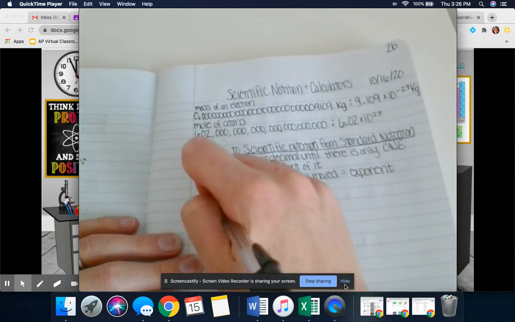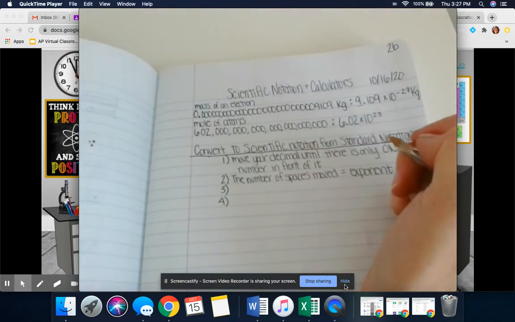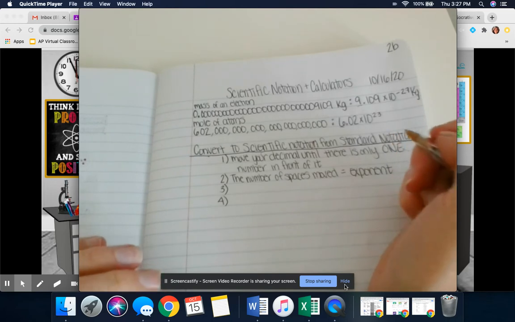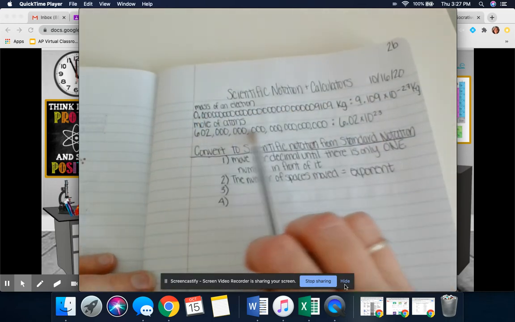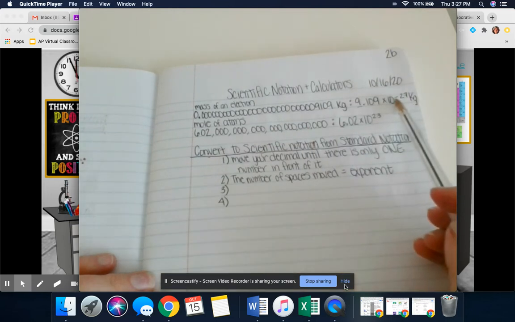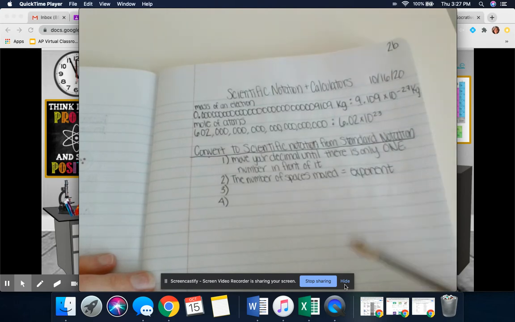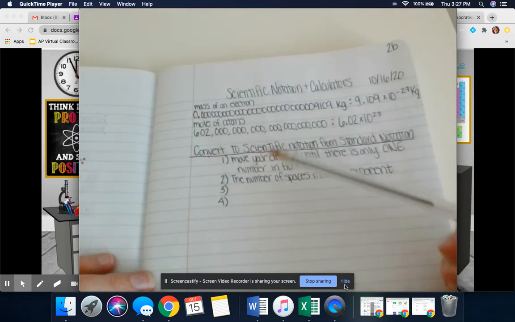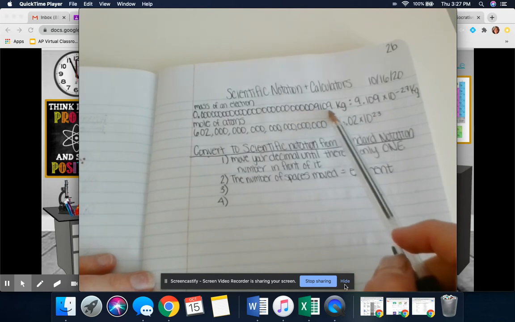So this is the part that you may forget or you may have got confused about before, but remember, it depends. Do I have a really, really small number or do I have a really, really big number as to whether you're going to have a negative exponent or a positive exponent. So you should be able to tell from my examples up here, the mass of an electron is really, really small.